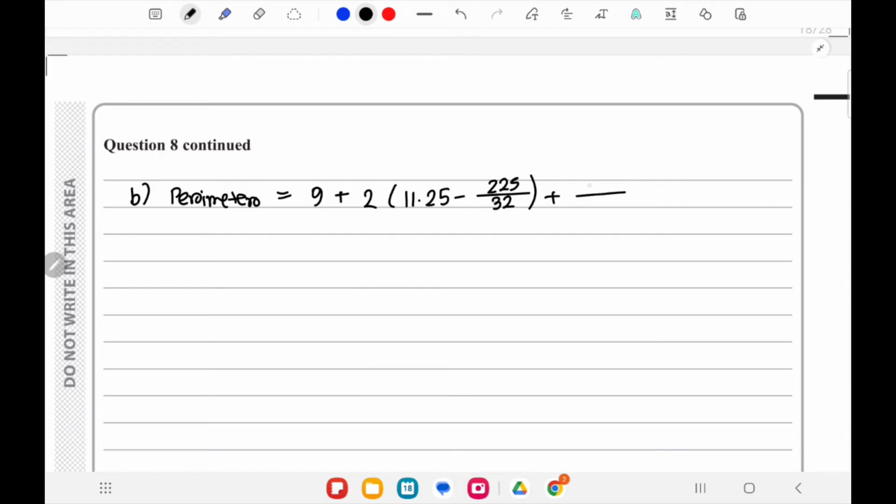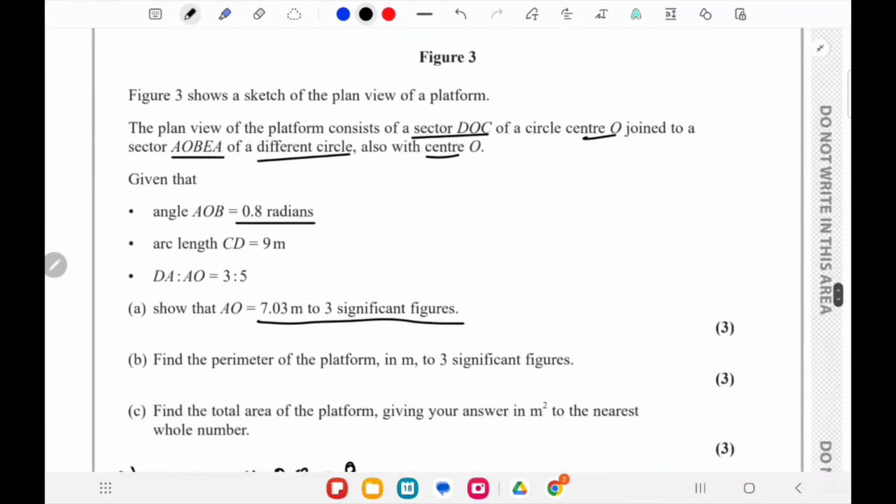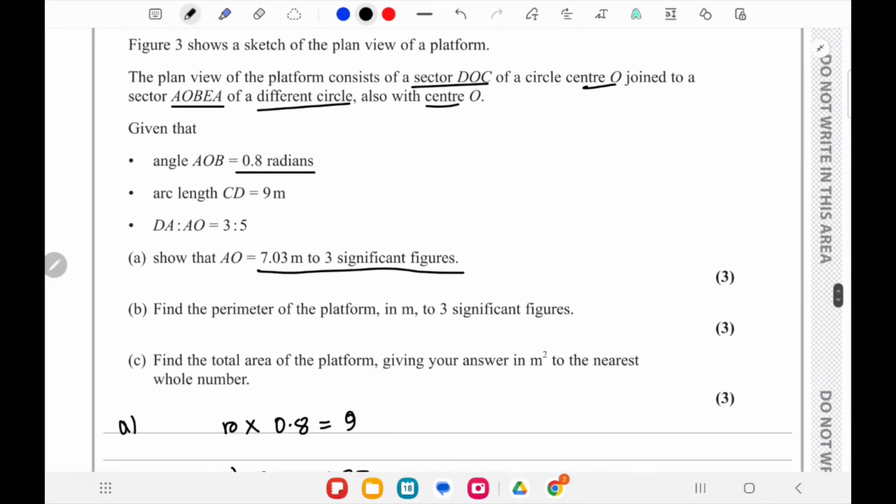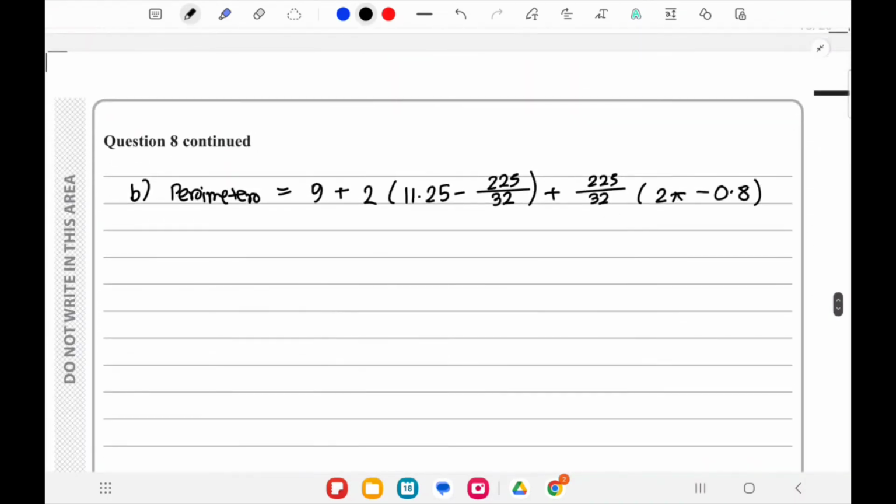So 225 by 32 into 2 pi minus 0.8. We have to give the perimeter to 3 significant figures, so I'll just calculate that. It comes down to 56.0 meters.